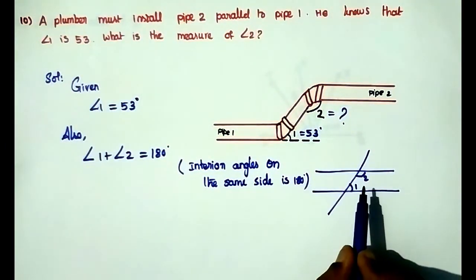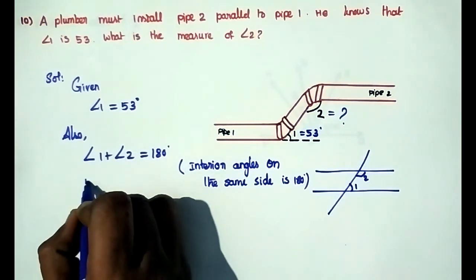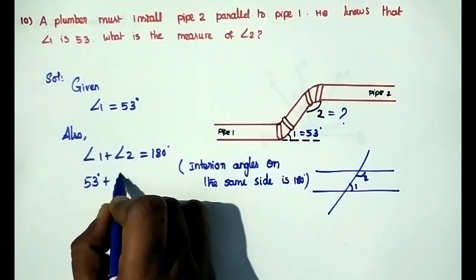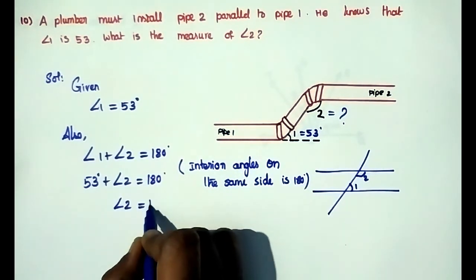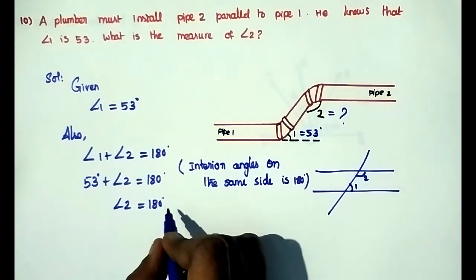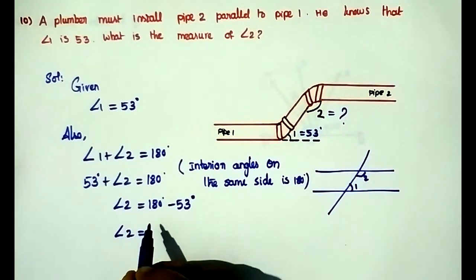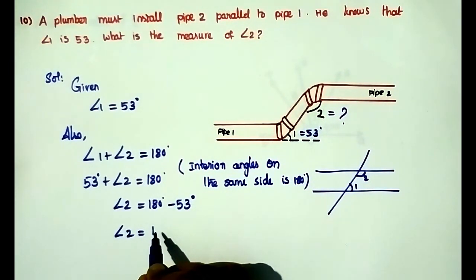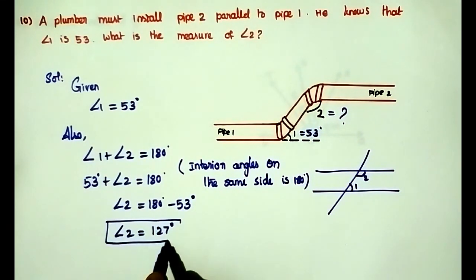So angle 1 plus angle 2 equal to 180 degrees. Angle 1 we know is 53 degrees, plus angle 2 equal to 180 degrees. So angle 2 equal to 180 minus 53, that is 127 degrees. That is the value of angle 2. That is the answer.